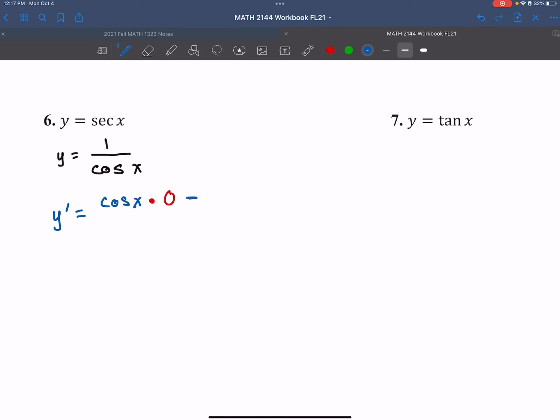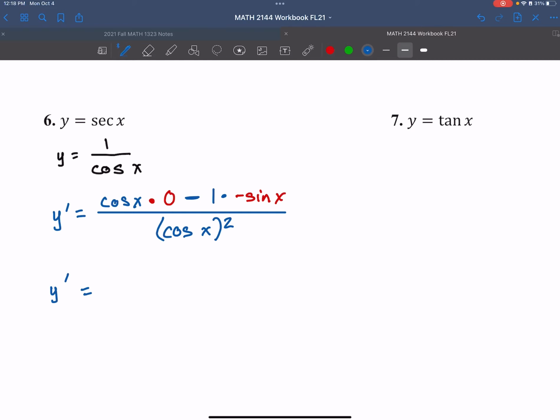Then remember that it's not plus, but it's minus, so low d high minus high times the derivative of cosine, which is minus sine of x. And then all of this is going to be divided by cosine of x all squared, or cosine squared of x if you chose to write it that way. So that's just a quick application of the quotient rule.